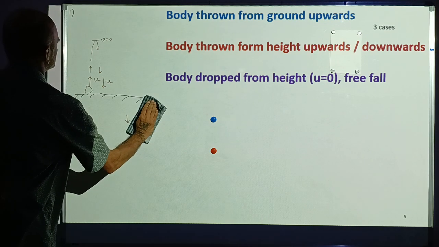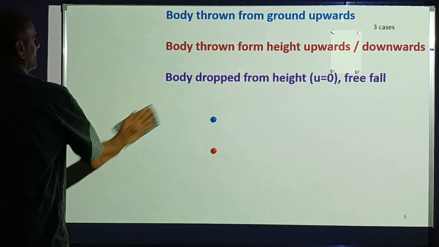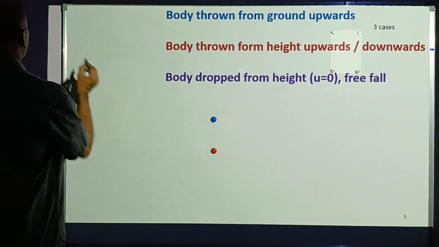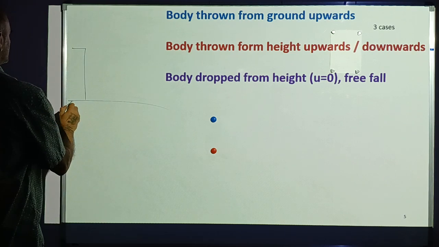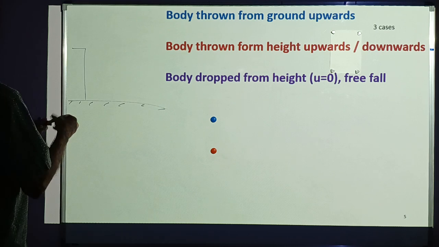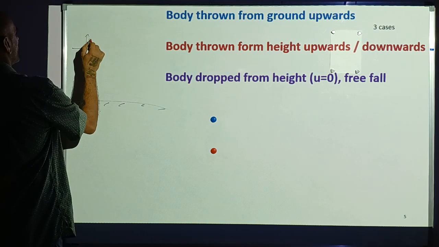Second case, the body is thrown from a height, upwards with the velocity say u.